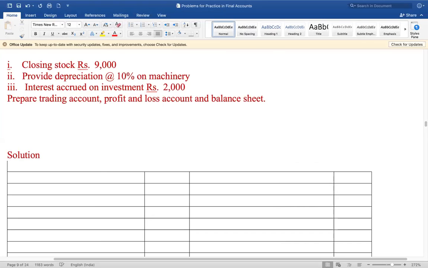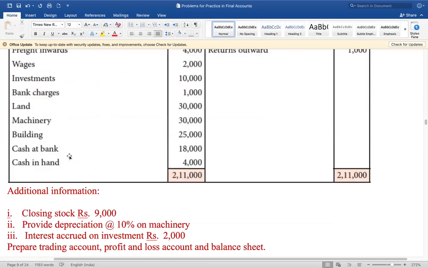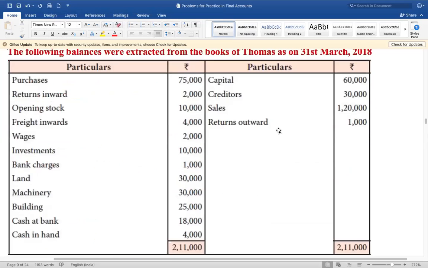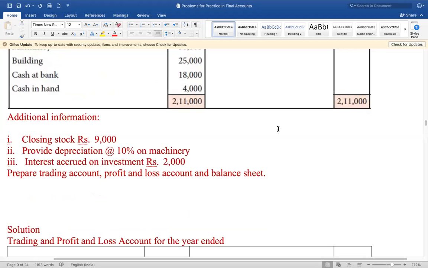And we give a heading: trading and profit and loss account for the year ended 31st March 2018. This is the heading.